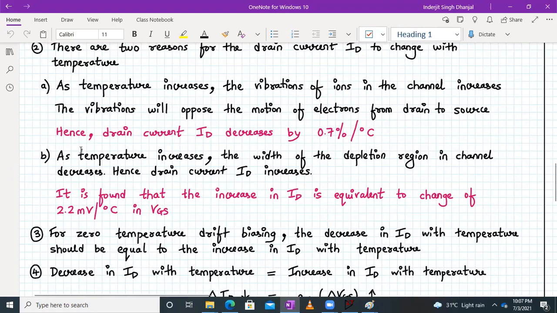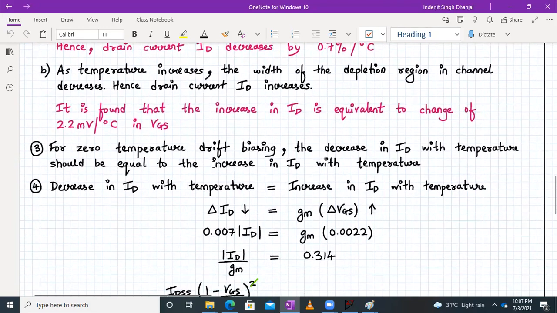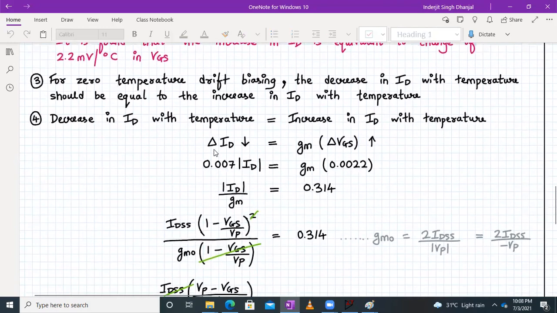The second reason is, as the temperature increases, the width of the depletion region in the channel decreases. Hence, the drain current increases. It is found that the increase in the drain current is equivalent to a change of 2.2 millivolt per degree Celsius change in VGS.